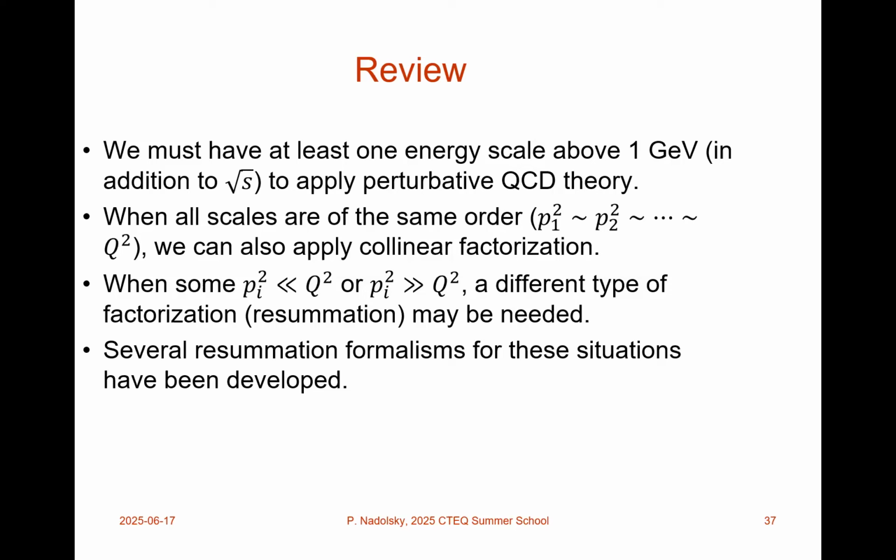When some scales are much smaller or much larger than our chosen hard scale, we may need a different type of factorization, which is called resummation, right? There are various kinds of resummation formalisms. I described one of them, called TMD resummation, but there are other resummations as well, and we can talk about different kinds of resummations in due time.